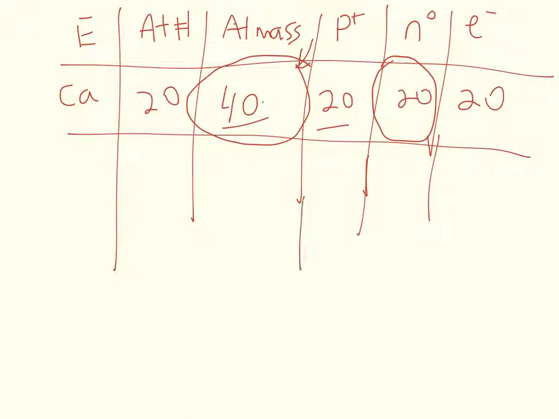On the other hand, and here's a new situation, this is where it's going to get a little tricky when you see this all combined. Let's say I gave you an example where I told you the number of protons was 14, and the atomic mass of that particular one was 30.